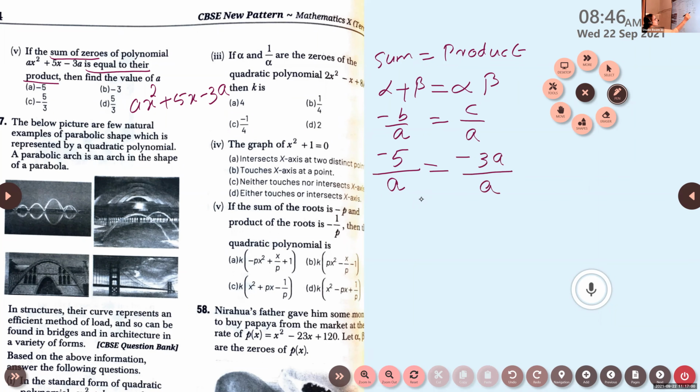Okay, so from these two quantities we can cancel. Minus 5 equal to minus 3a. a equal to minus 5 by minus 3, which is 5 by 3. So the option is D.